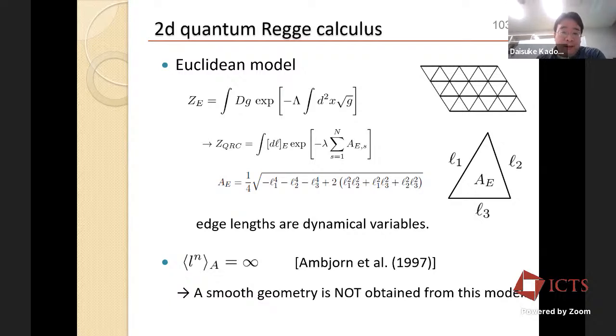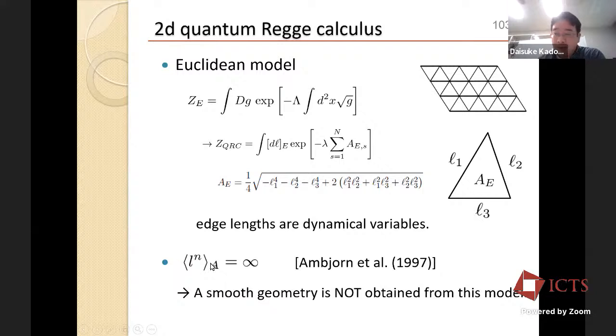However, in this model, the average edge length diverges. So a smooth geometry is not obtained from this model, because the average edge length is a kind of lattice spacing of this model.